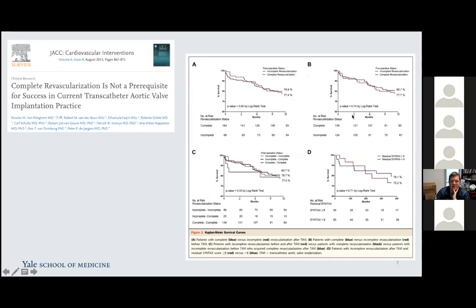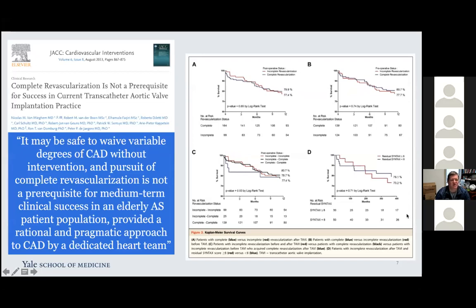And you can see that there really was no significant difference between complete versus incomplete revascularization. There was a little bit of a trend among patients who had the higher syntax score, but again, none of this came close to being statistically significant.